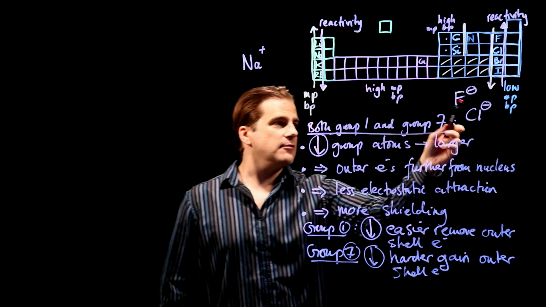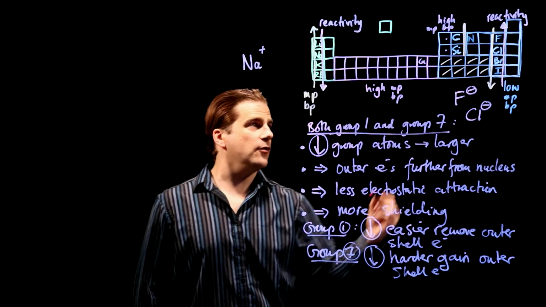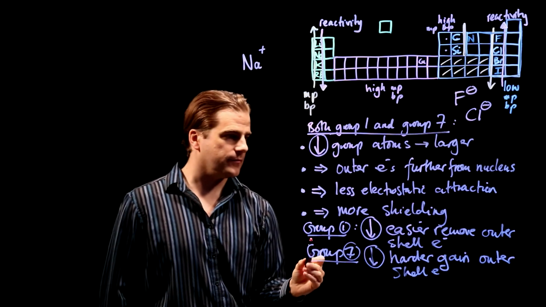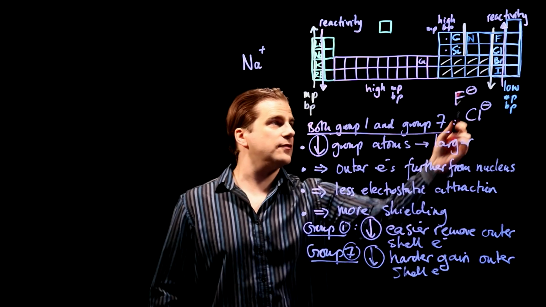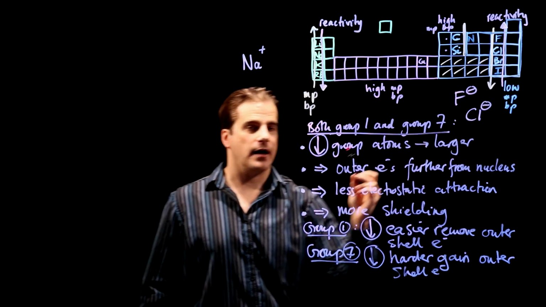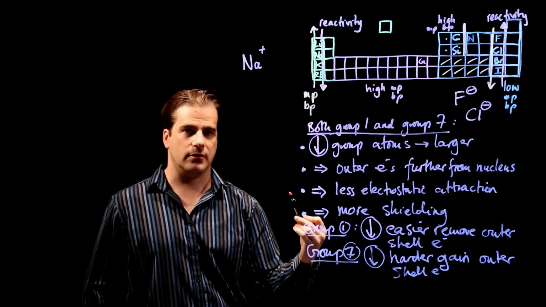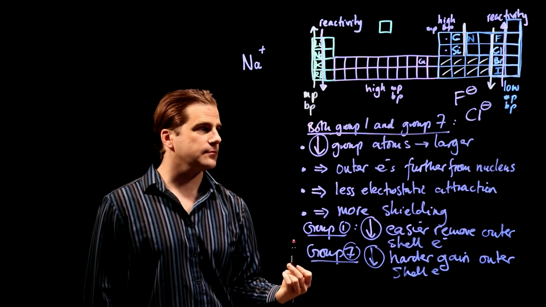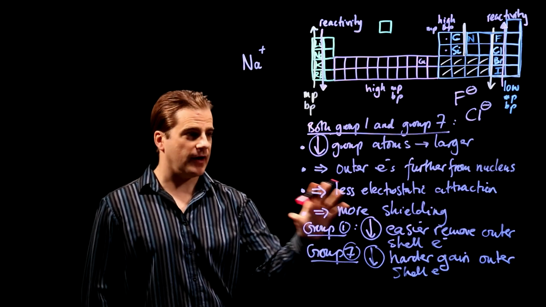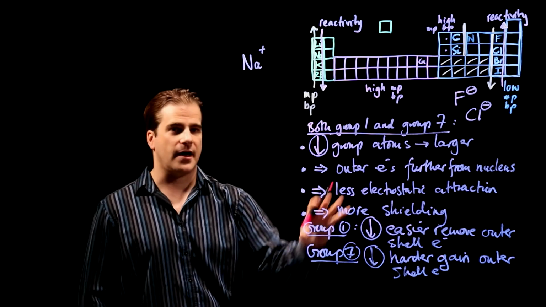So they react by gaining an electron. And therefore, as you move down the group, for these reasons, the harder it is for that element to gain an electron. In other words, the harder it is for it to react, and so the less reactive it is. Okay, and that will get you your full marks. So remember that for your exam.